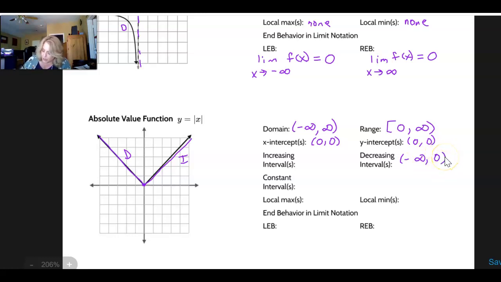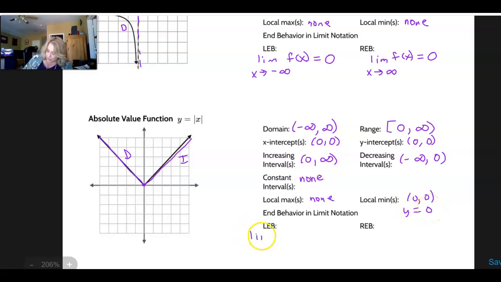Remember, we don't have to worry about brackets on increasing and decreasing. And then increasing, it starts at 0 and goes towards infinity. And then it's never constant. There's not a local max or a high point, so we'd say none there because these keep going up. But there is a low point, and that's at 0, 0. Or you could say y equals 0.